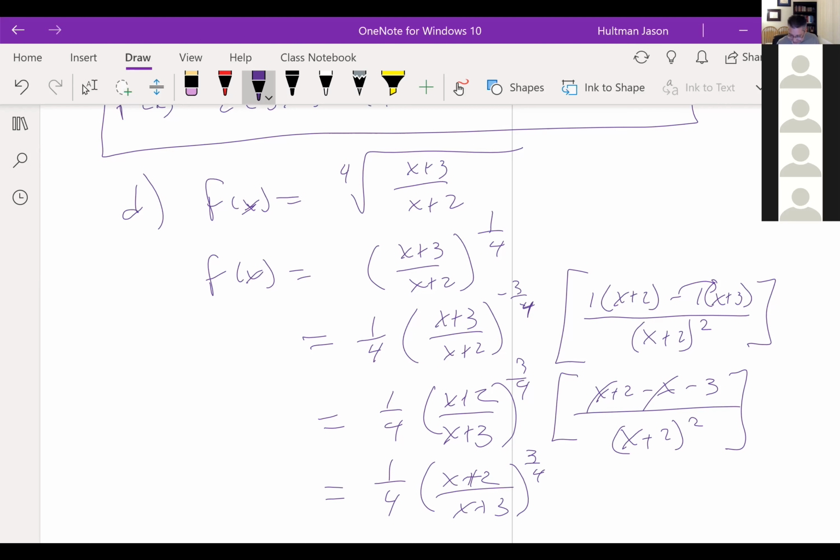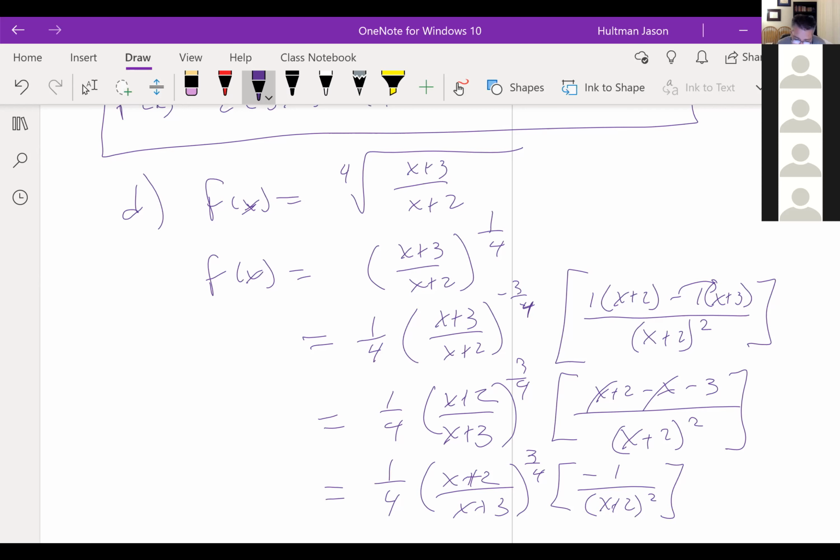Okay, so negative 1 over x plus 2 squared. Okay, we got that. So let's see what else we got going on here.